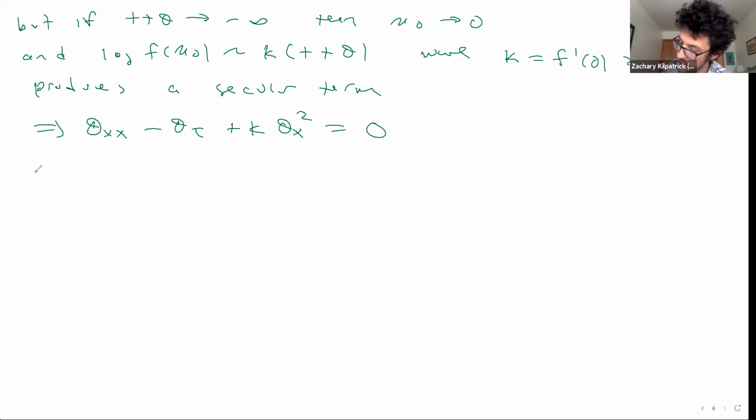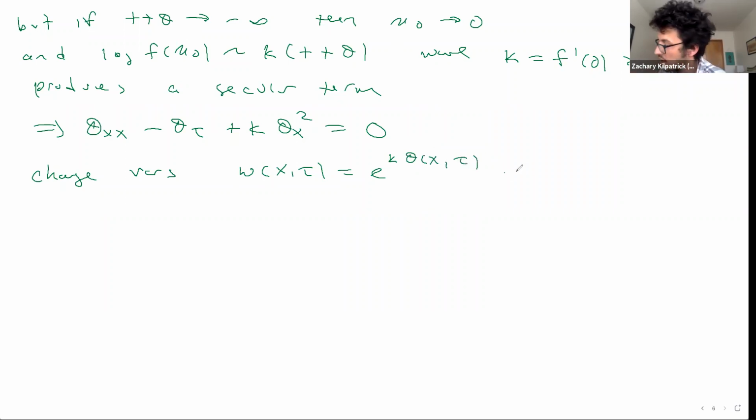But it turns out you can change variables and take w of x tau equal to e to the kappa theta x tau, and that'll actually turn this into just the heat equation, wxx equals w tau, where x lives on R, and tau is positive.